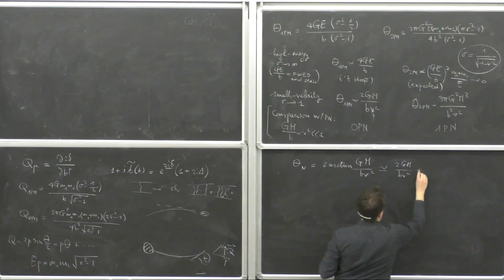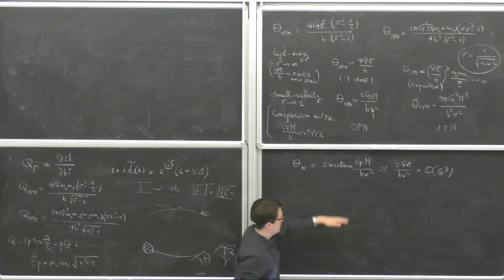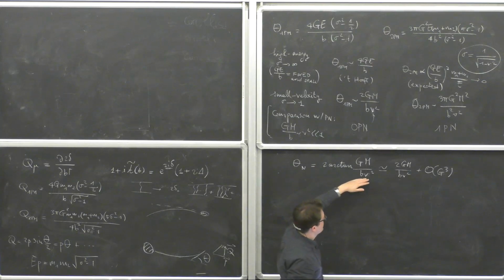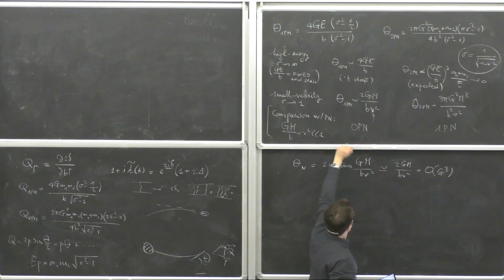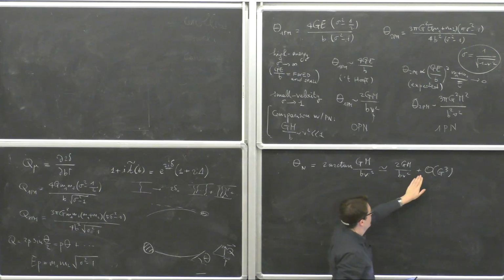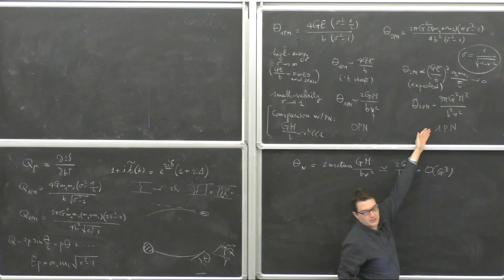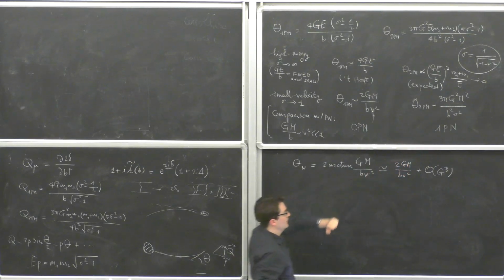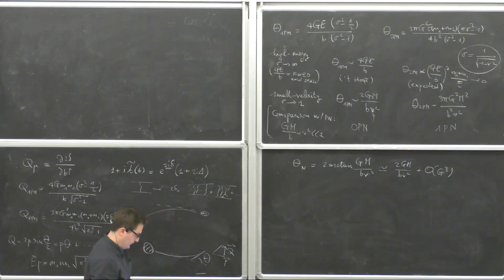But of course, there will be corrections of order G cubed, because the arctan has an odd expansion for small arguments. So at the Newtonian order, we get agreement between the small velocity expansion of the PM result and the small G expansion of the Newtonian result. And then we don't have anything of order G squared, but this is correct because this contribution starts at the next order in the Newtonian counting. So we don't expect to see it from the Keplerian angle.